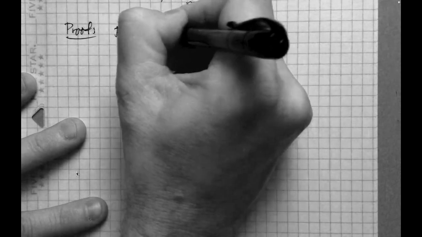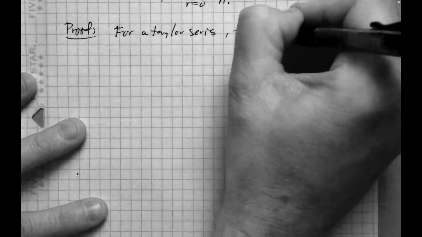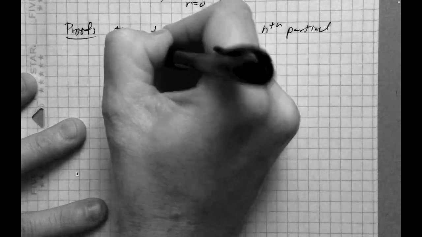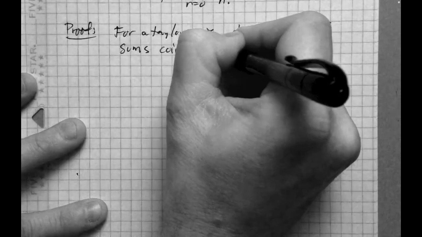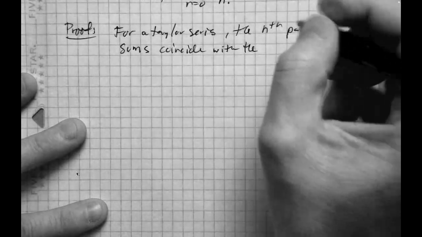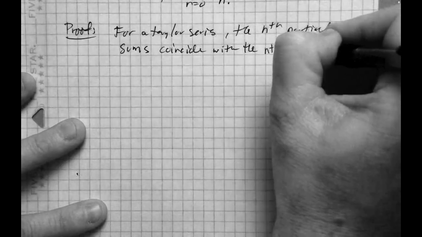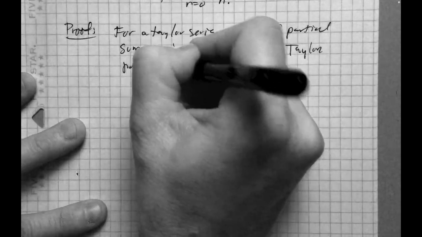So for a Taylor series, the nth partial sums coincide with the nth Taylor polynomials. Okay, that's great.